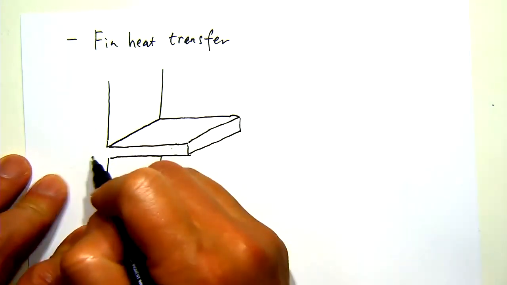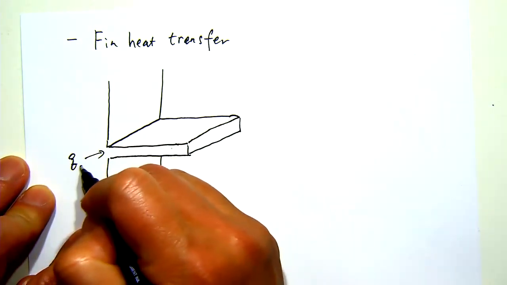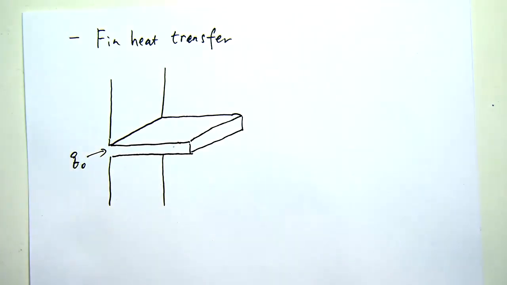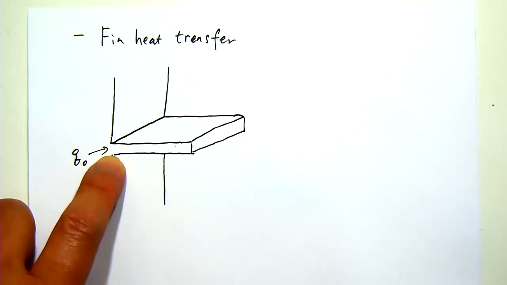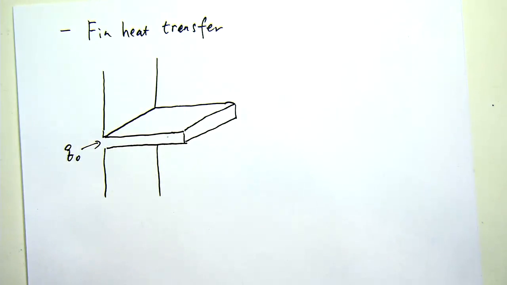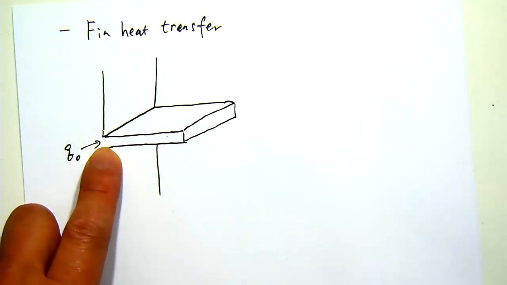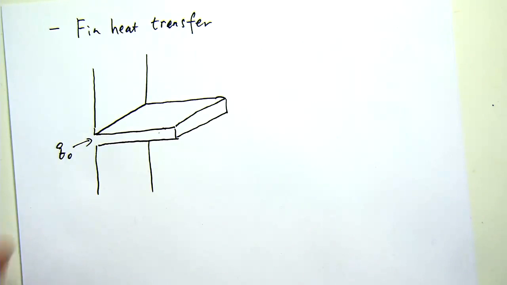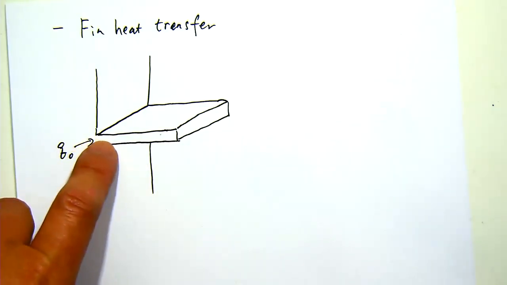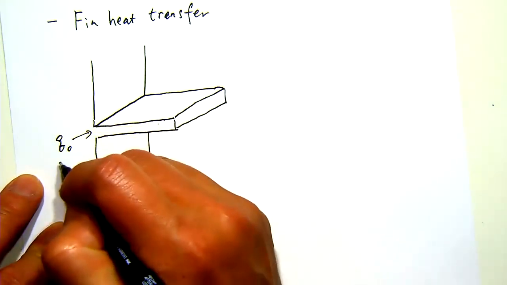So we want to determine how much heat can be dissipated through a fin, and that heat is coming from the base. The fin is usually an additional structure we add on to help us. But what you really want to quantify, to know whether the fin is working or not, is how much heat it can dissipate, which is through the fin base. So that's Q0, or sometimes called QF, right?